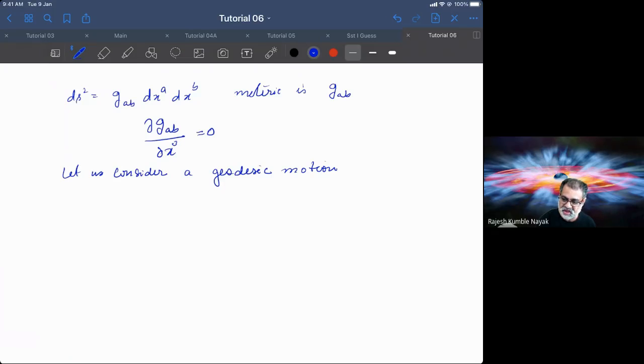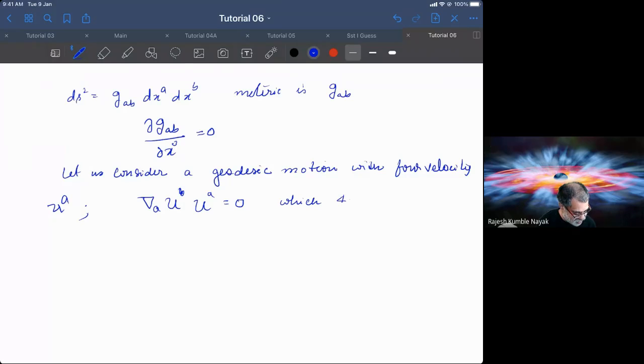Geodesic motion essentially means that the four-velocity U^a satisfies the geodesic condition, that the four-acceleration is 0, and we know that the four-acceleration is given by this.